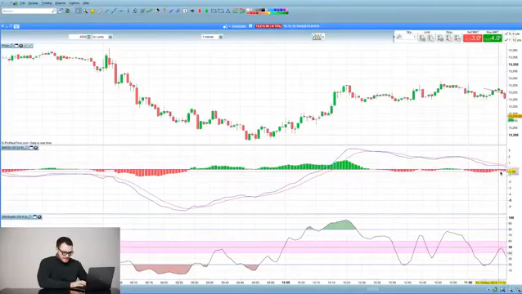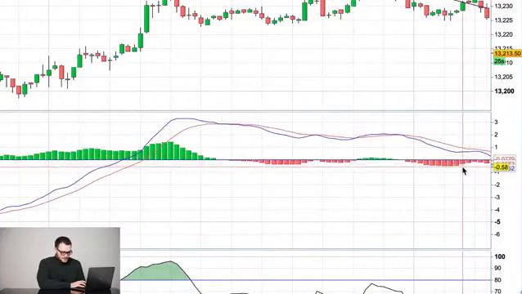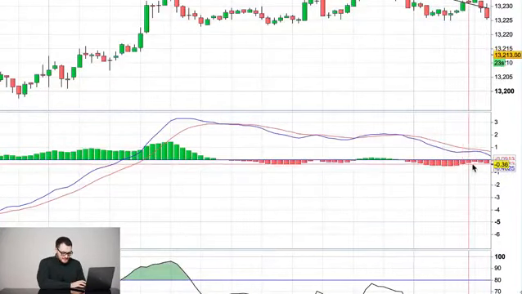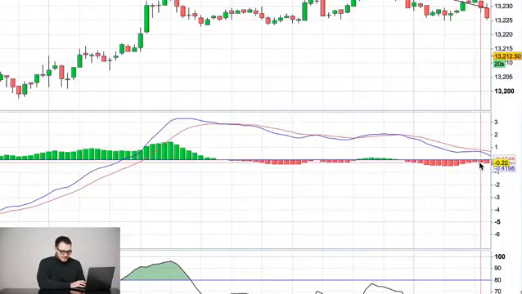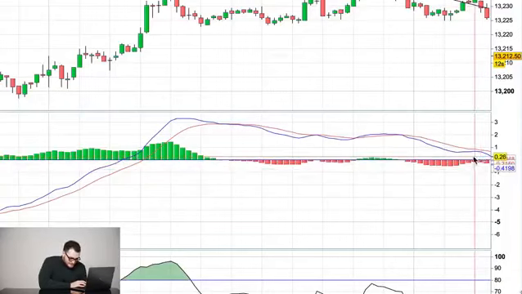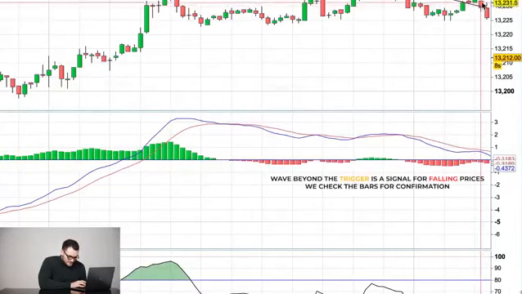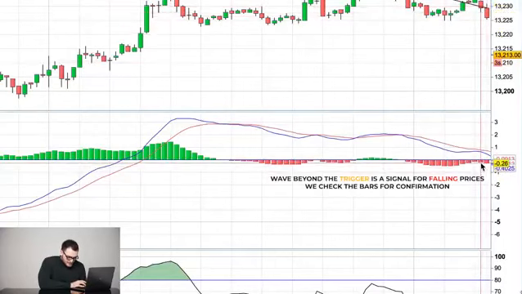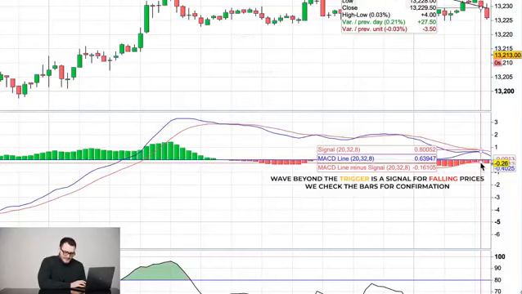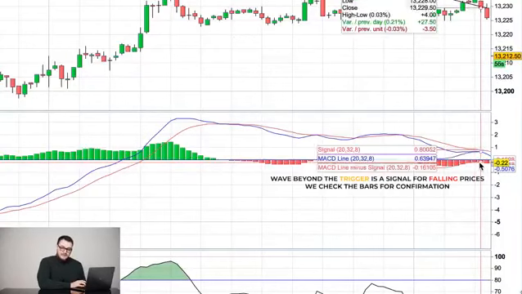these bars. So it's logical that if we want a wave beyond the trigger, we need these bars to be decreasing, and with the next one that is going to be larger than the previous one, we can say for sure that we do have a signal. And as you can see, just pause the video if you'd like, and you can see that this bar is correlating with this candle right here, and it is larger, slightly, but it's larger than the previous one, and this confirms that it is in fact a signal.